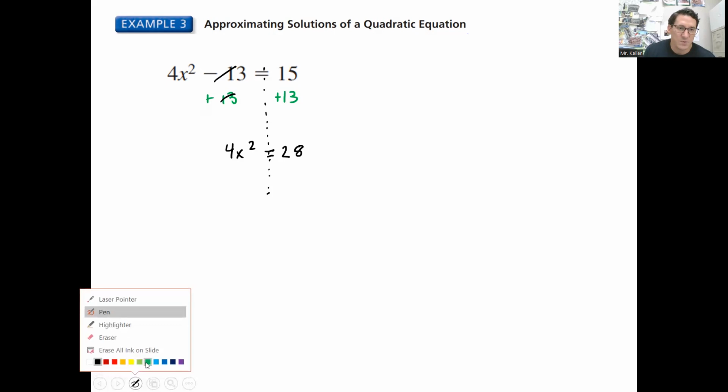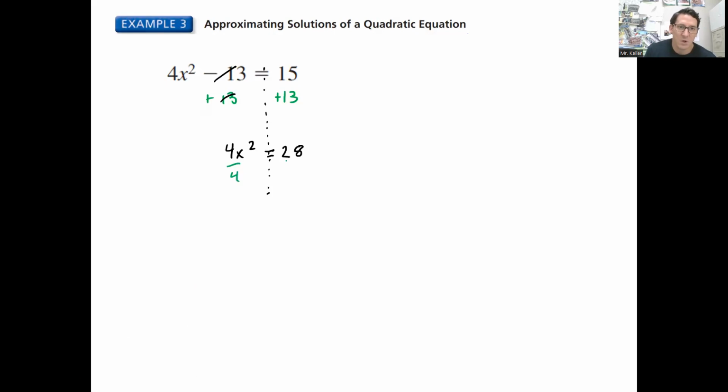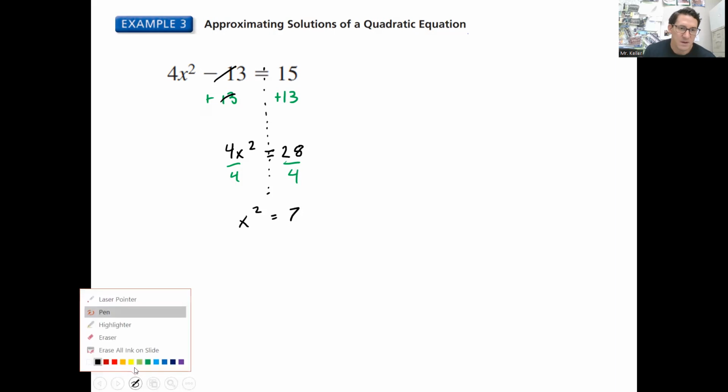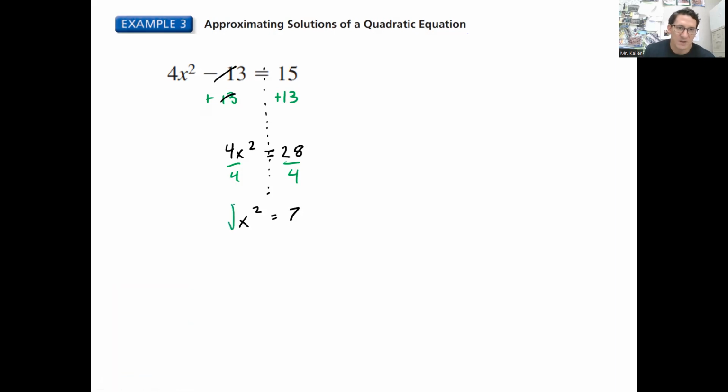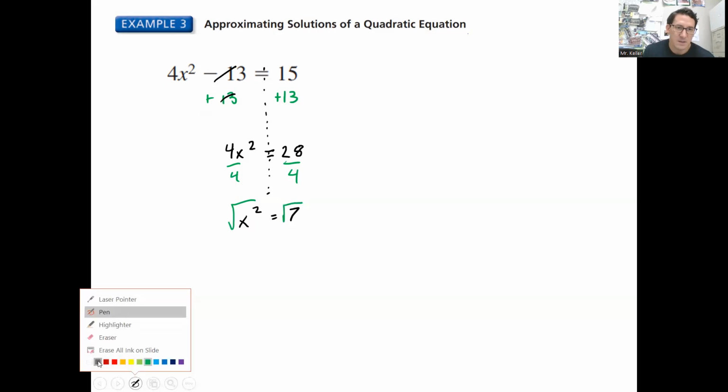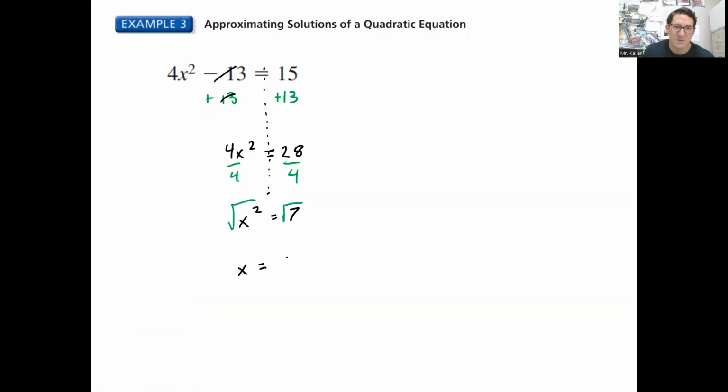Then I'm going to divide by 4, and I get x squared is equal to 7. Then I'm going to take the square root of both sides. So I get x is equal to, since 7 is not a perfect square, we're just going to leave it as the square root of 7.